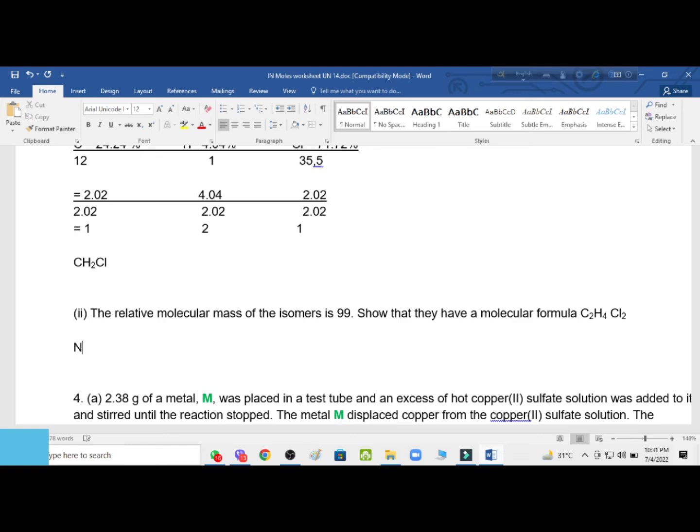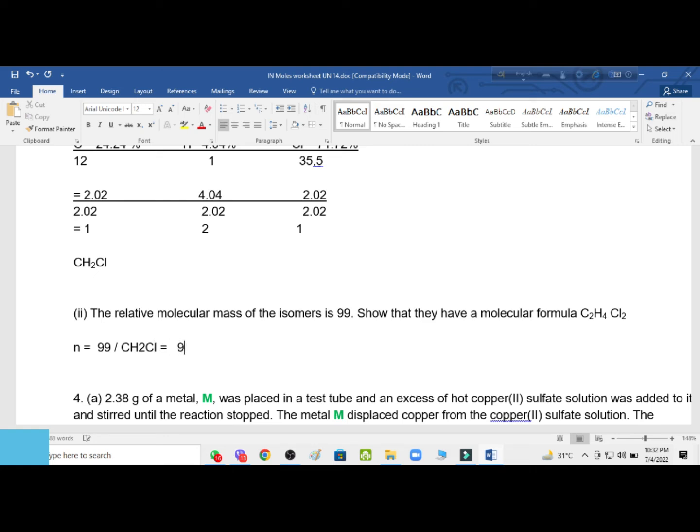Now, the next question is for the molecular formula. So we need n, right? We need n to be calculated, and n is the number we multiply in the empirical formula. So how to get this? The molecular formula mass in this question is given as 99. I'm going to divide this by the empirical formula mass, CH2Cl.